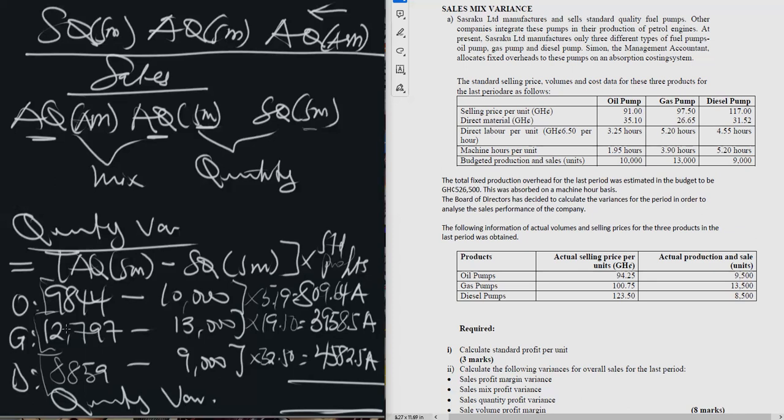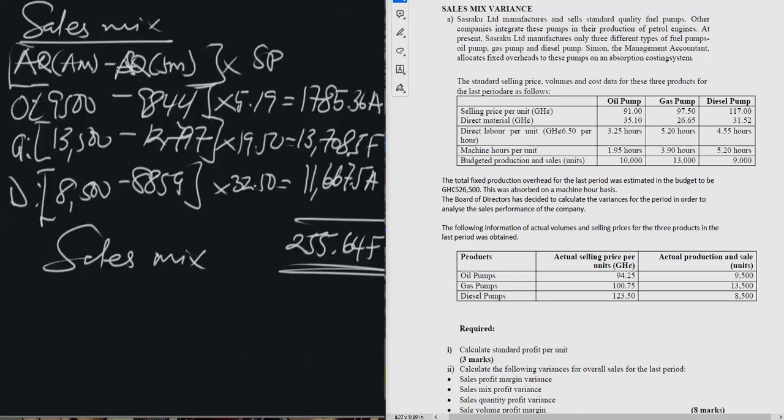We have 809.64 plus 3,958.5 plus 4,582.5. This gives us a total adverse variance of 9,350.64 adverse, right?